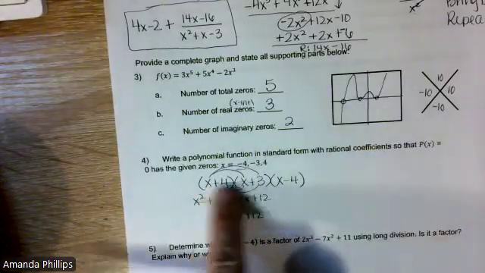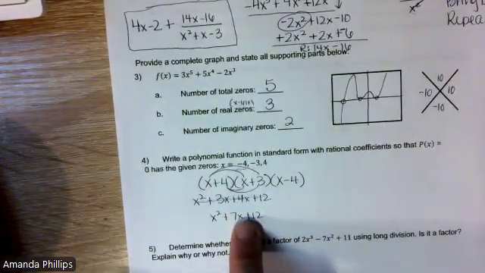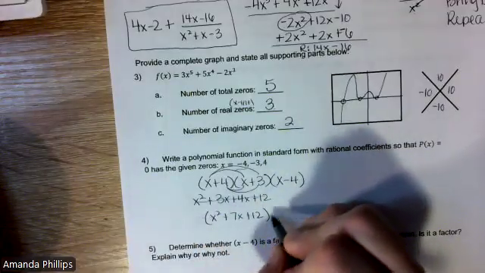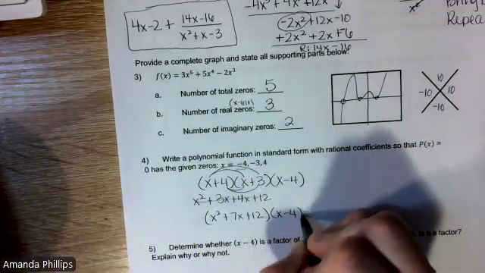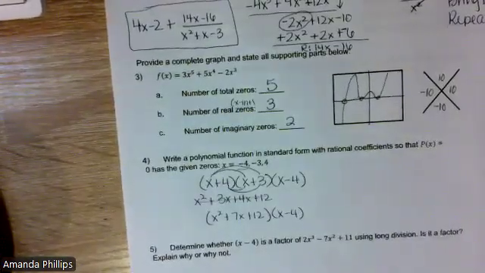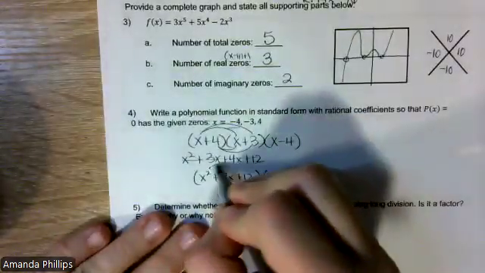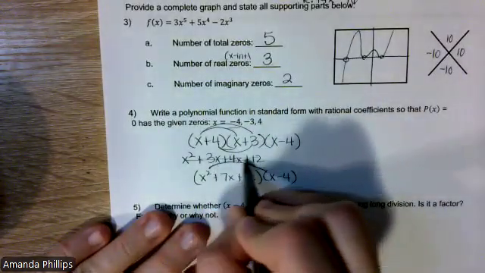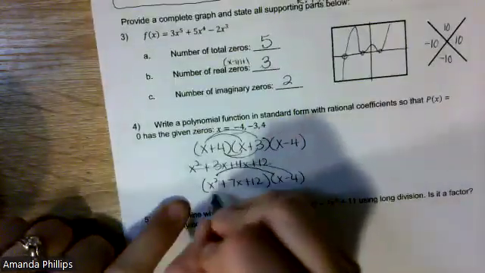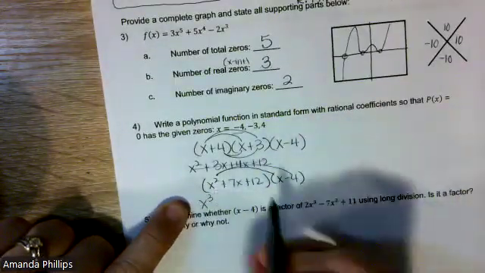Okay, so this, when I multiplied, became this. I still need to multiply by x minus 4. All right, so I have a lot of things to multiply. It doesn't make it any different though, okay? X squared has to be multiplied to everything in those parentheses. So x squared times x is x to the third.